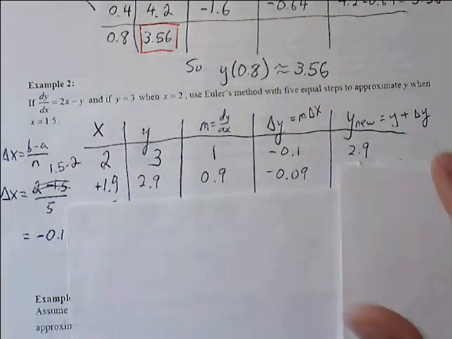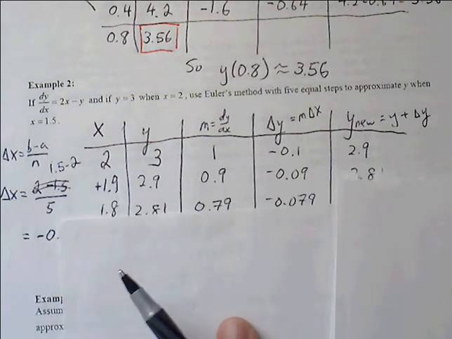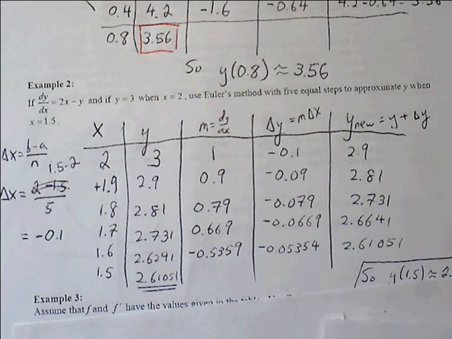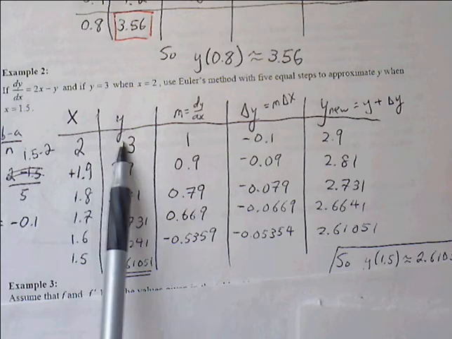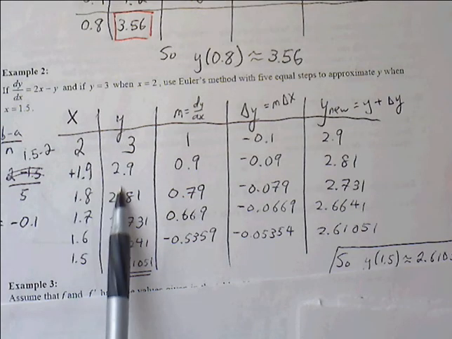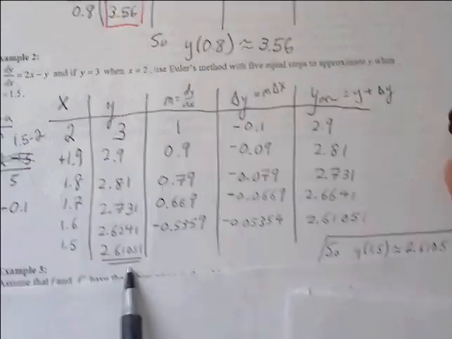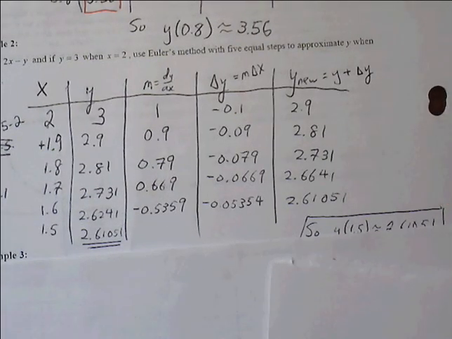And then we update our y value, and we just keep on going down the line. There's quite a few steps here because there are 5 steps, but we keep filling in these values until we reach the y value that matches with the x value of 1.5. In this case, it will work all the way down to 2.61051.